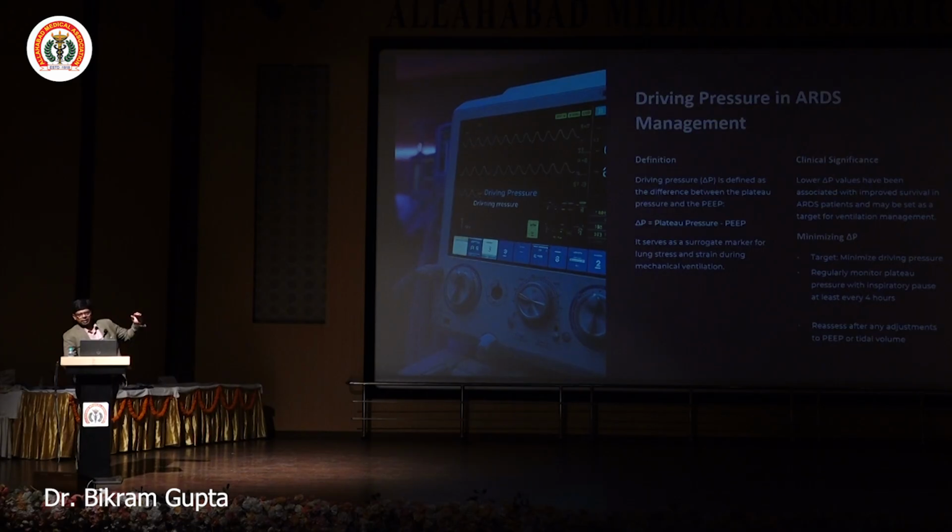Gradually we will increase the PEEP and see the plateau pressure as well, and then you can calculate the driving pressure by subtracting the PEEP from the plateau pressure. At that PEEP, when the driving pressure is less than 15, that is the good PEEP for that patient. So for optimization of the PEEP, you have to measure the driving pressure, and at those PEEP where the driving pressure is less than 15, you can keep the patient on that PEEP.